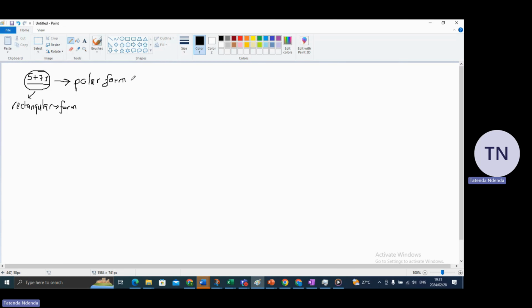The first method is by using a calculator, and most of us, unfortunately, we don't have the calculators at the moment, but as we get the calculators, there is a very, very simple way to convert any complex number that we're given to the polar form.